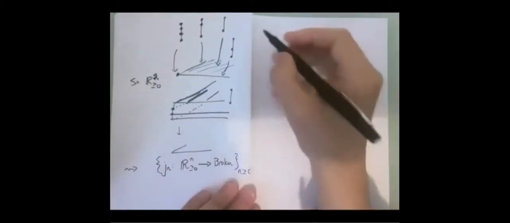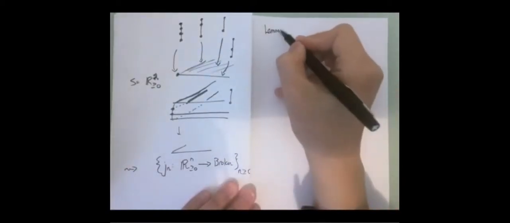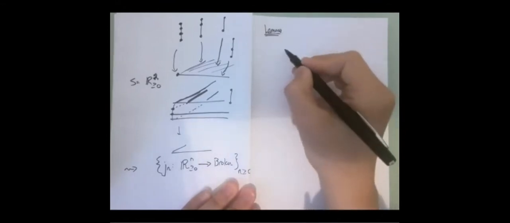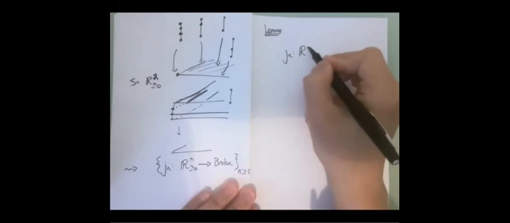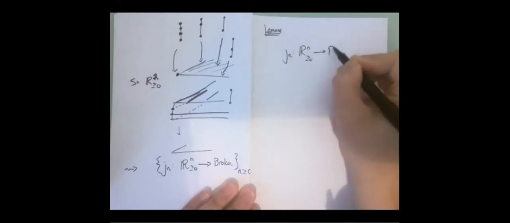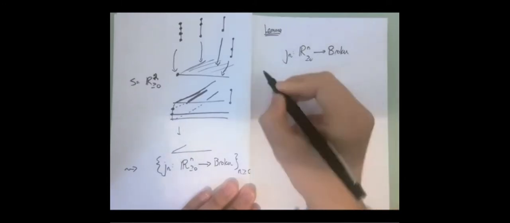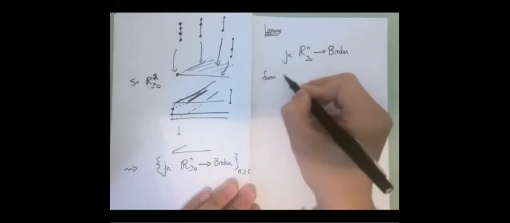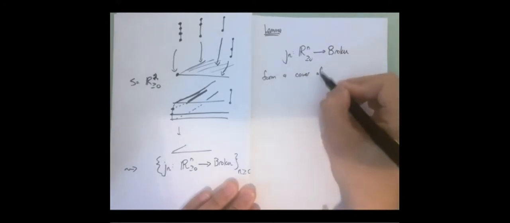And so here's a lemma. These maps J_n form a cover of broken.